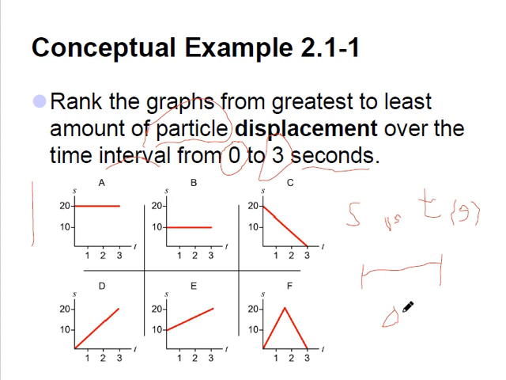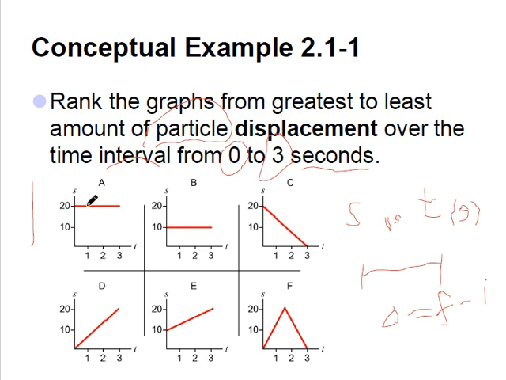And your displacement is the change of the position, and you have to take initial out of final. That is your displacement. So you gotta find where's my initial at 0 and where's my final at 3.